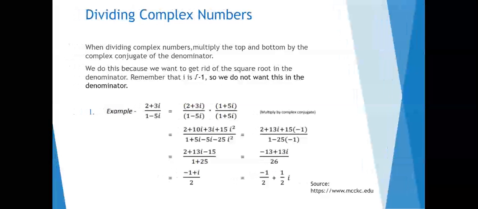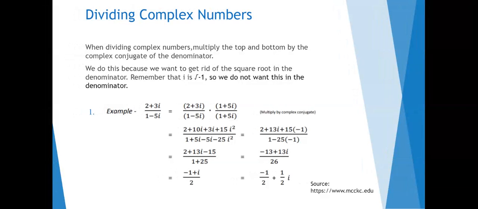Now, dividing complex numbers. Remember, when dividing them, you have to multiply the top and the bottom by the complex conjugate of the denominator. We do this because we want to get rid of the square root in the denominator. In math, we never want to see square roots or any kind of roots in the denominator. And remember that i is the square root of negative 1, so we don't want this either.